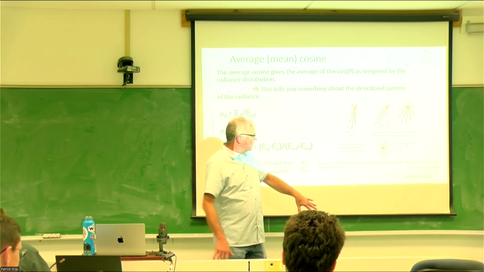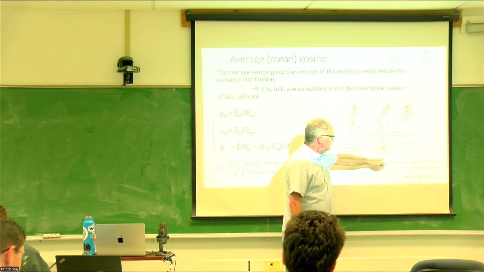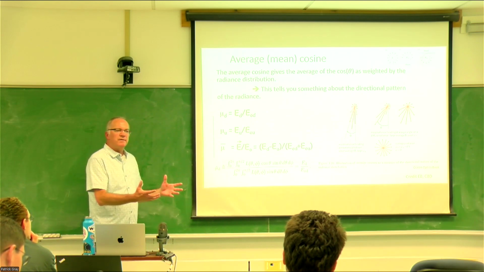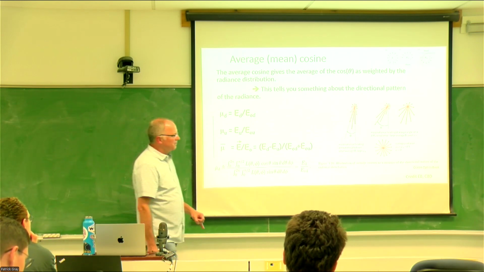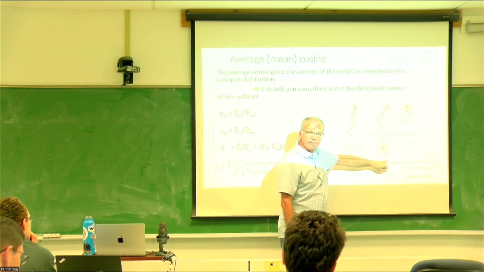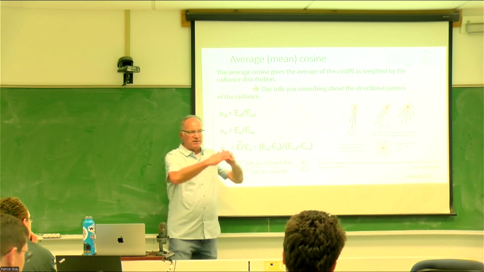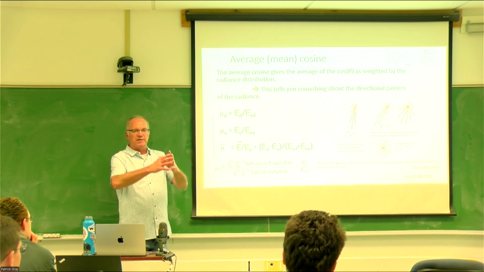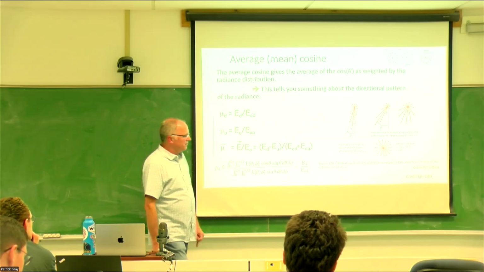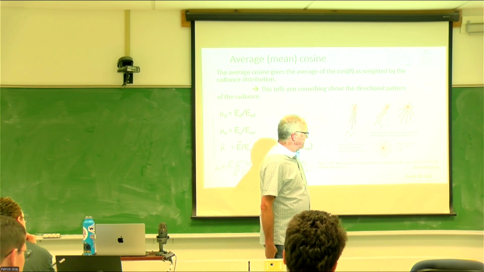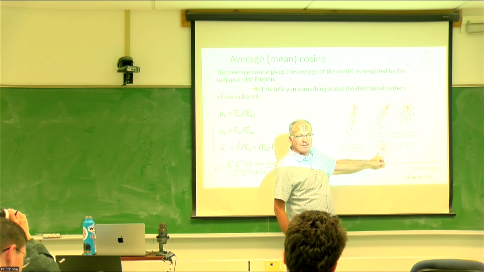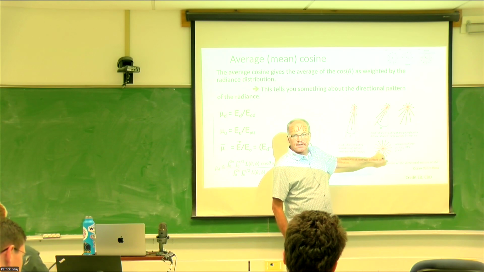And if they're equal in every direction, that cosine average is now 0. All different directions, all the irradiance is propagating the same everywhere. So this is very close to the asymptotic state.